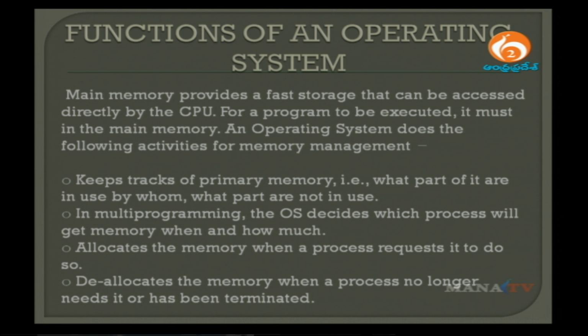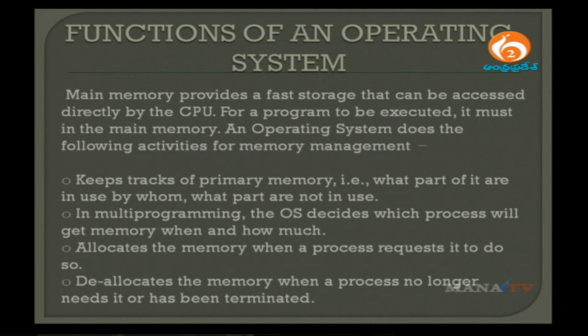The CPU has the capability of accessing this storage. Why is it so? Because many people give many commands, those are programs, and they have direct access to the computer. They must be in the main memory. Obviously, all these programs have to be in the main memory.